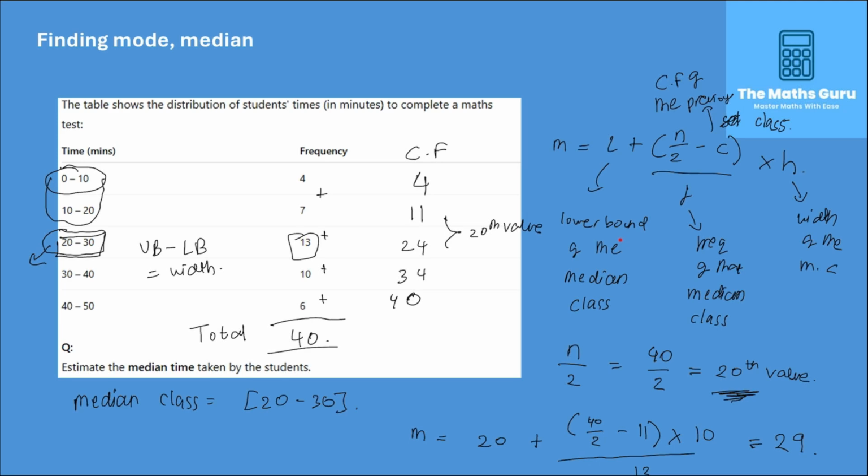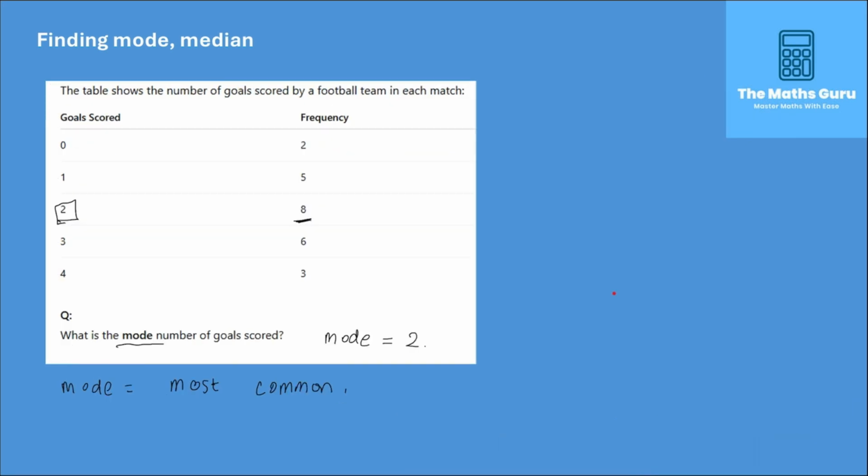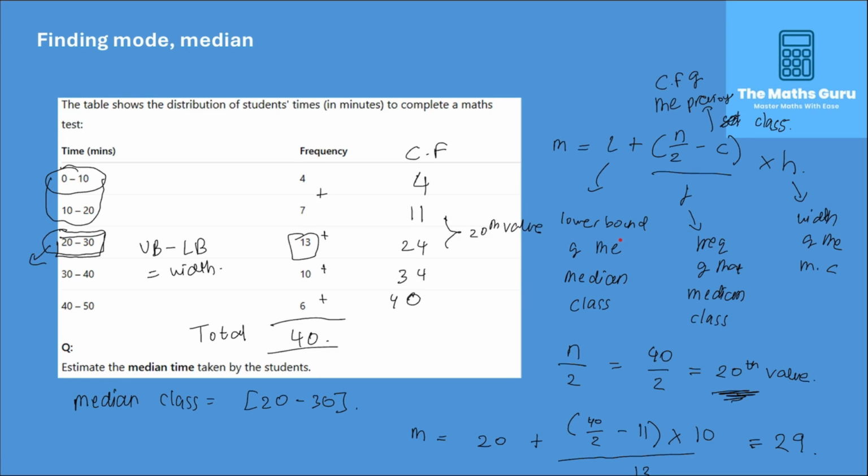So let me just put that back into the calculator. Plus 20, and we get 26.9 is our median time.